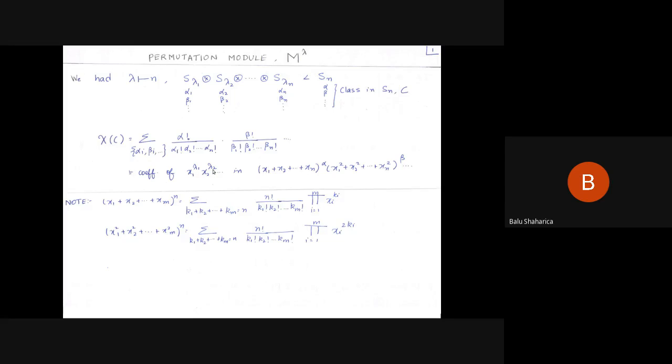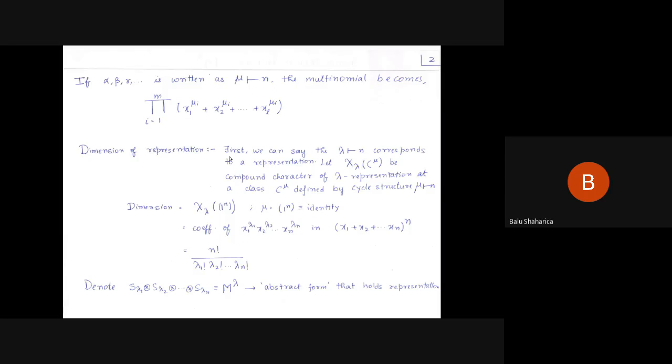So we can roughly say that this partition lambda corresponds to a particular irrep, and so this character is the character of the class C with alpha, beta, gamma cycle structure of the lambda irrep.